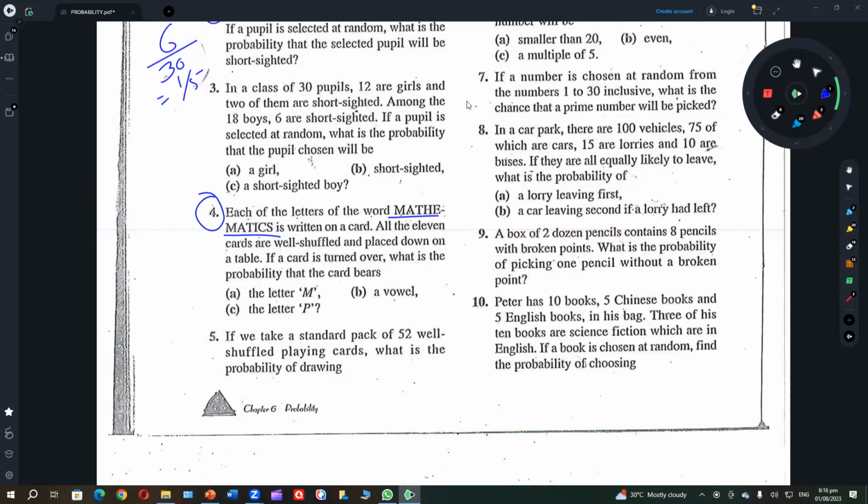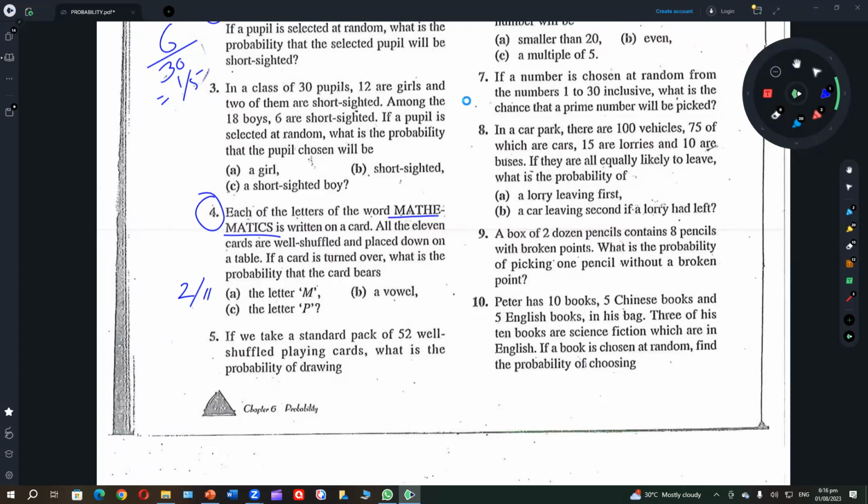How many total letters are in the word mathematics? 11. A vowel: 3 over 11? Don't you think there are 2 times A, 1 time E and 1 time I?